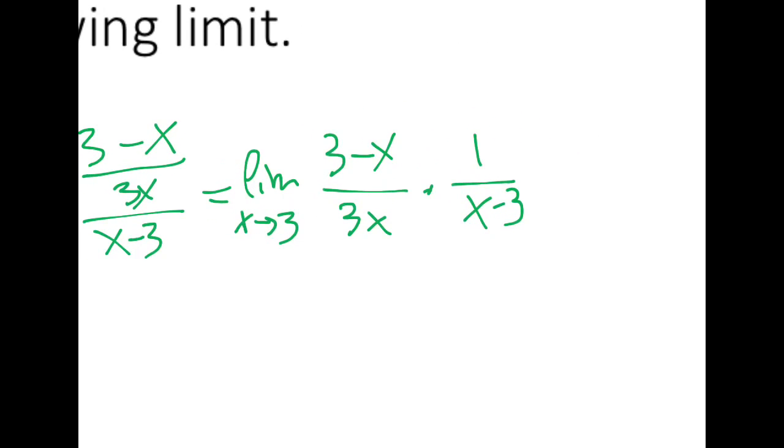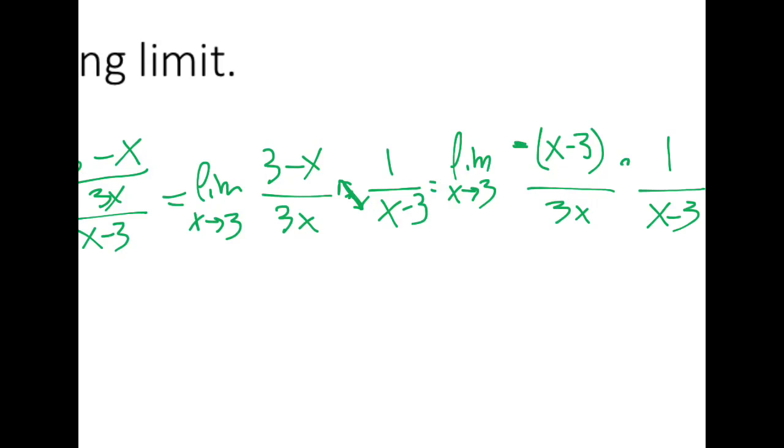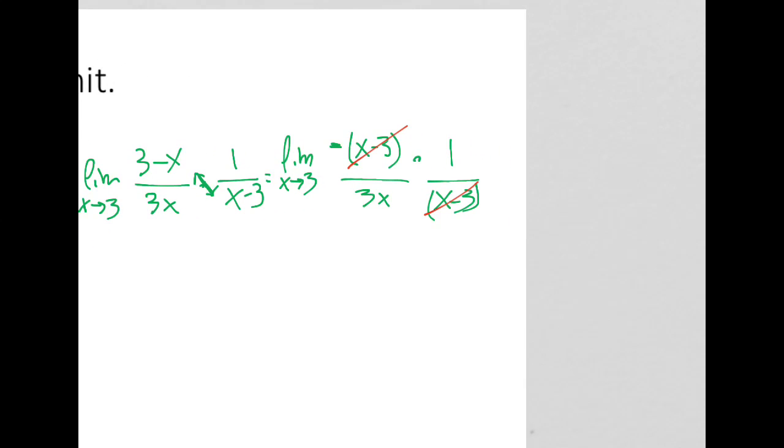Well, look, 3 minus x over x minus 3 right there, they're almost the same thing, except one is the opposite of the other. So I'm going to rewrite this as the limit as x approaches 3 of negative, x minus 3 times 1, over 3x over x minus 3, and now you can see that boom, boom, that eliminates, and you're left with negative 1 over 3x.